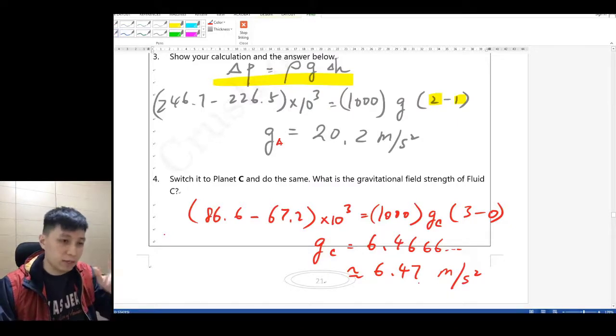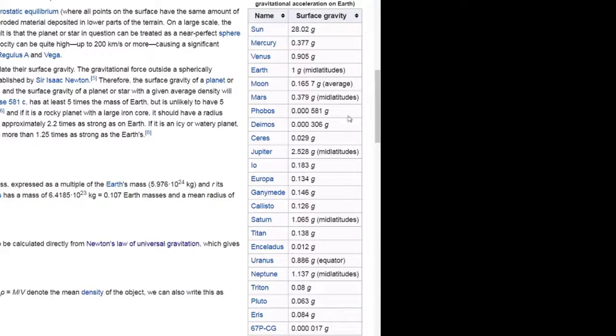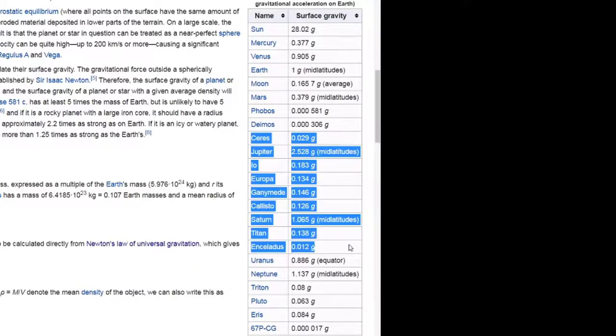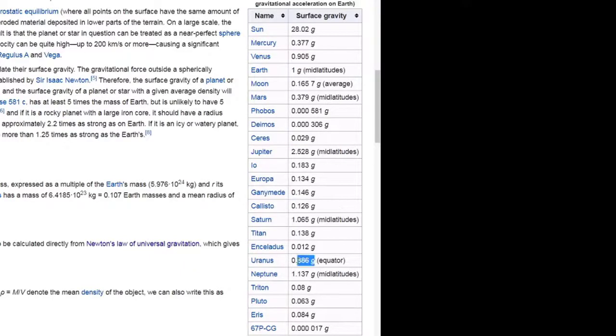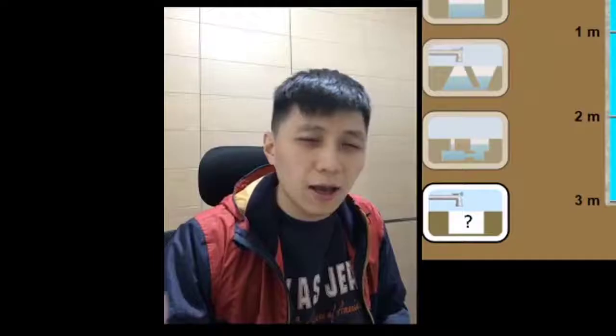Because Earth is roughly 10, so this is about 0.6. Checking the list again. Please tell me that this is a real planet. I think the closest one that I get is about 0.8 something or 0.9, which I don't feel is really close enough. So planet C is also fake.